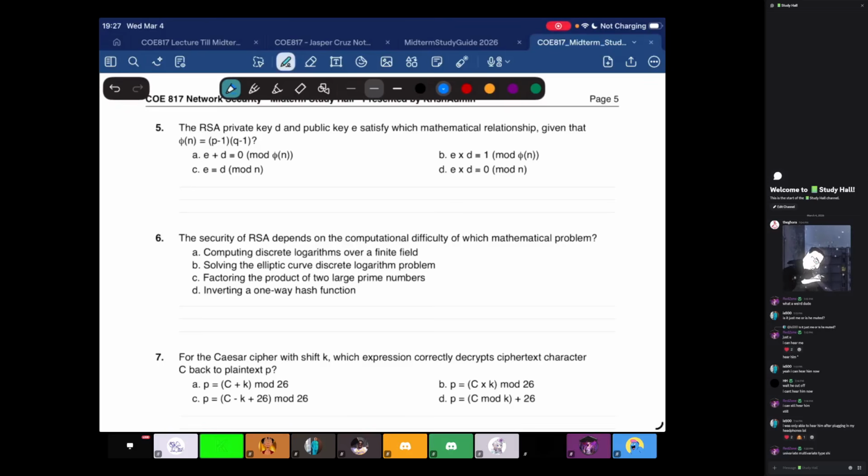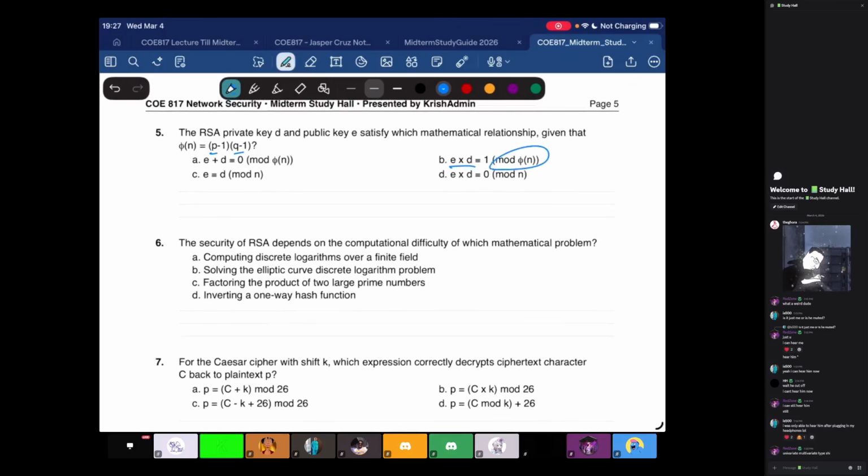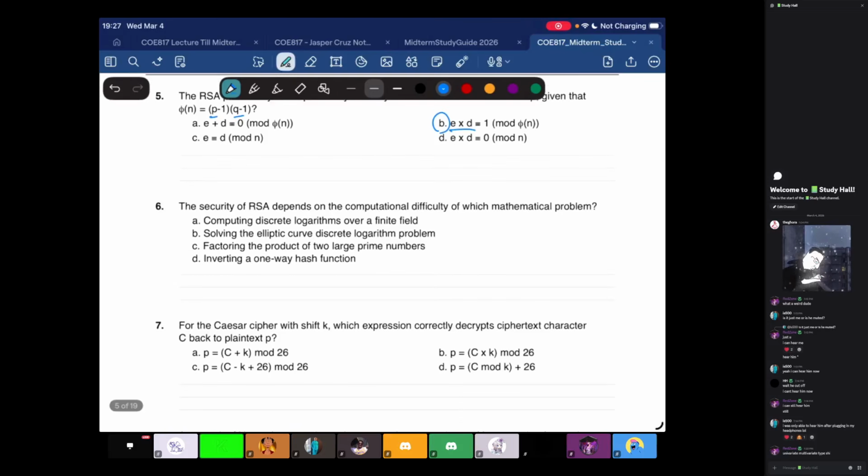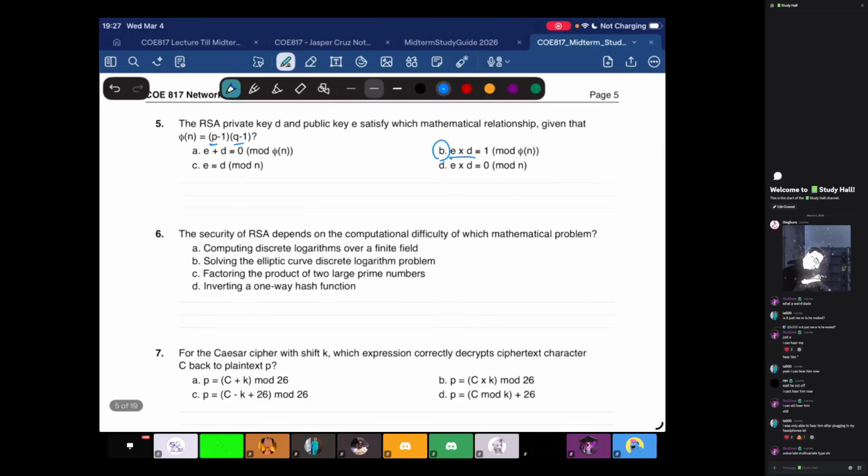This has to do with the prime numbers p and q, and when they're multiplied, that's what you're looking at. It's always e times d in a question like this for RSA. Why we do mod n inside is not quite clear to me, but the answer is B, where e times d is equal to 1 mod phi of n. So you're taking the mod of this function.